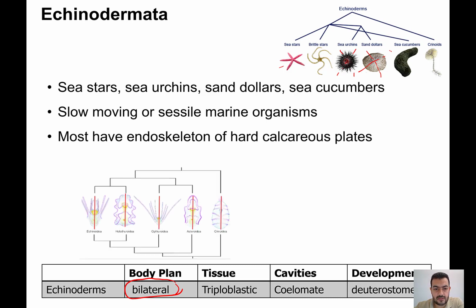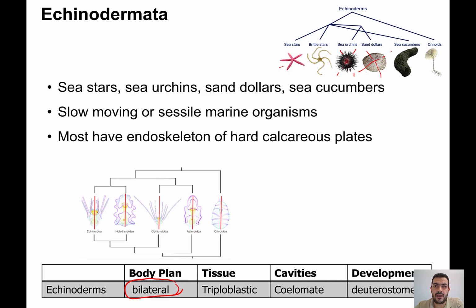The reason is that in many animals, including here in the Echinodermata, the body plan is referring to the larva, the early stage of development. As you can see, in the larva stage we have a bilateral symmetry, and then during the development this body plan may change.